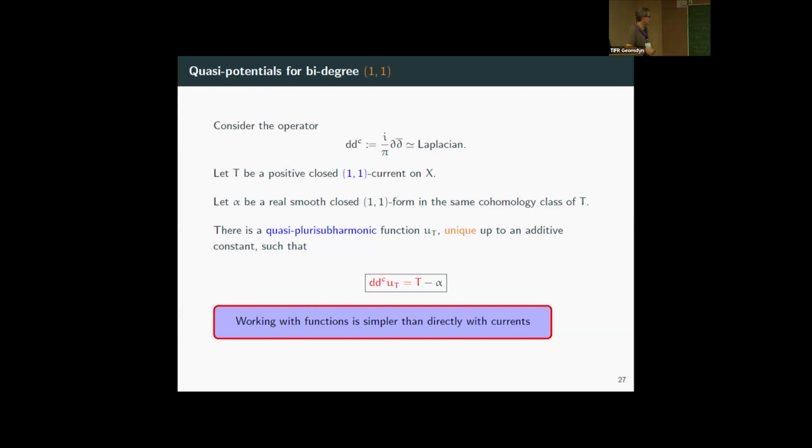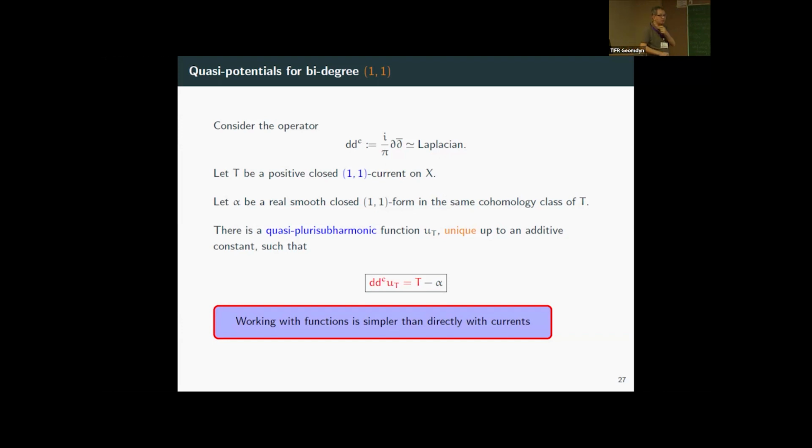You have an operator dd^c, or basically i partial dbar, which is similar to some Laplacian operator, such that you can basically write T equal to alpha plus the Laplacian of u, some function. You don't need to care too much about alpha here, because we have to choose some alpha for cohomological reasons, but it's not the most important point. The most important point here is that T is equal to the Laplacian of some function.